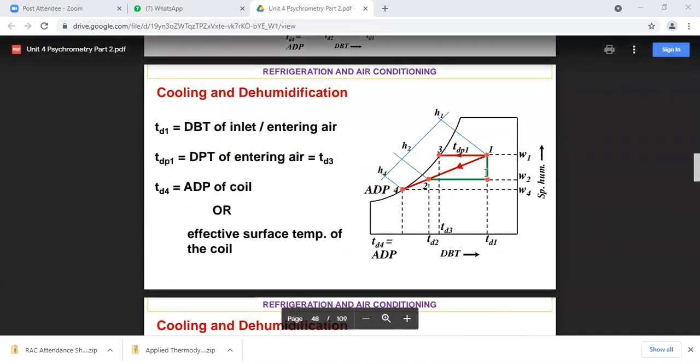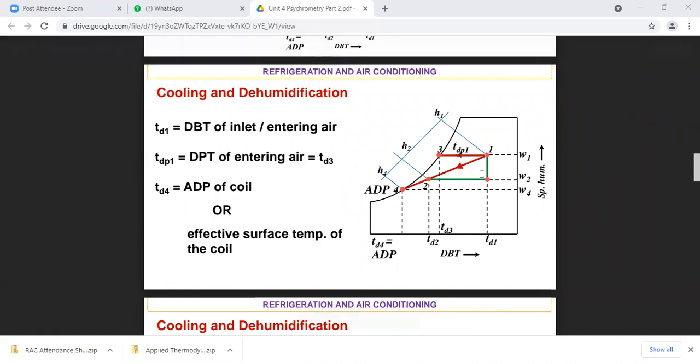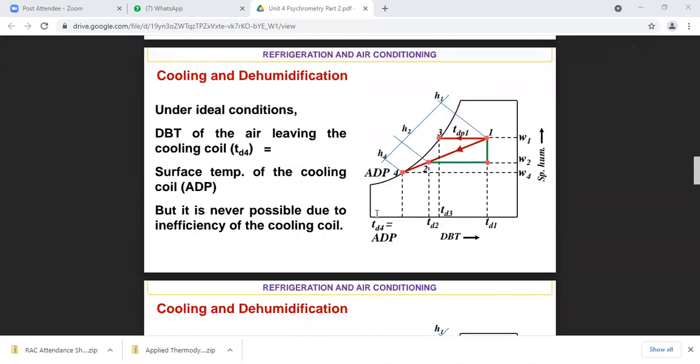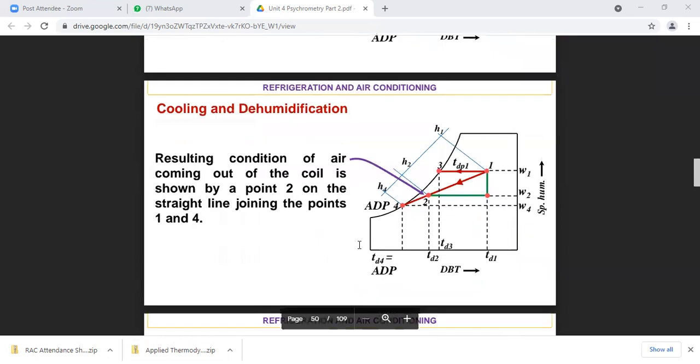So you can see the various points for the cooling and dehumidification plotted on this psychrometric chart. The dry bulb temperature of the air leaving the cooling coil would equal the surface temperature of the coil, but this is never possible due to the inefficiency of the cooling coil.